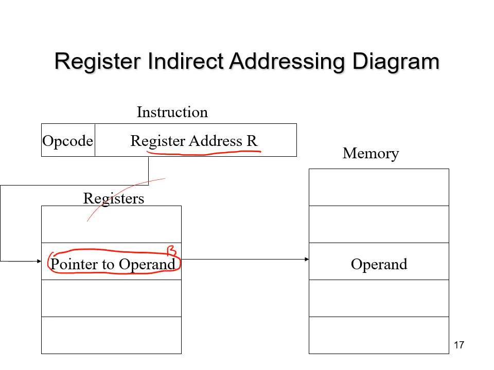For example, we store B in here, and this B will be used to fetch the data for processing. Therefore, we have only one memory access. Therefore, the performance should be better than indirect addressing.